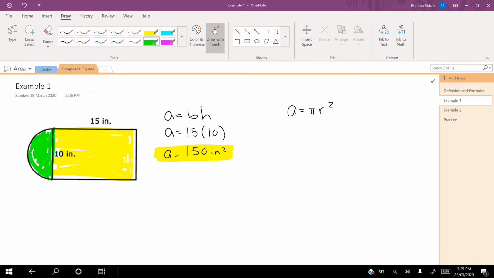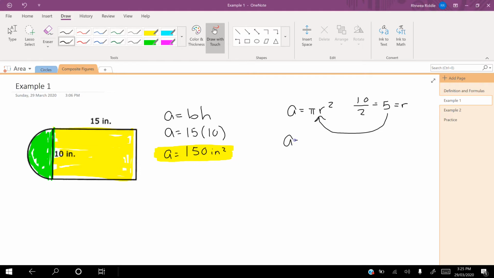Because a radius goes from the center of a circle to an outer edge. So to find that, we have to do 10 divided by 2, because the radius is half of a diameter. So with our diameter being 10, we're going to divide 10 by 2, and we're going to get 5, which is our r.